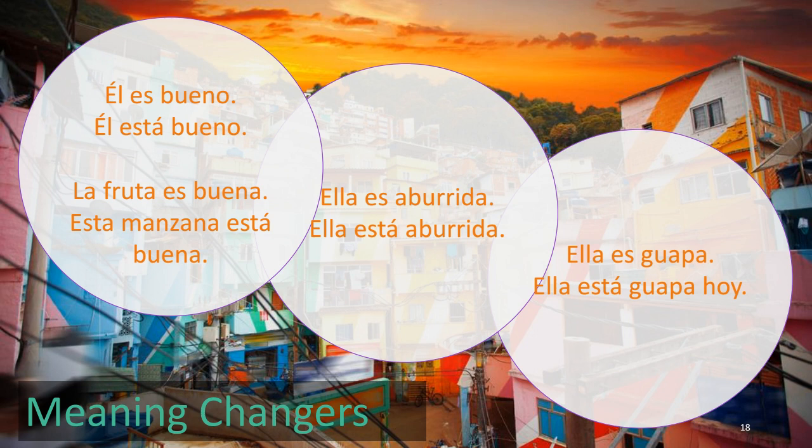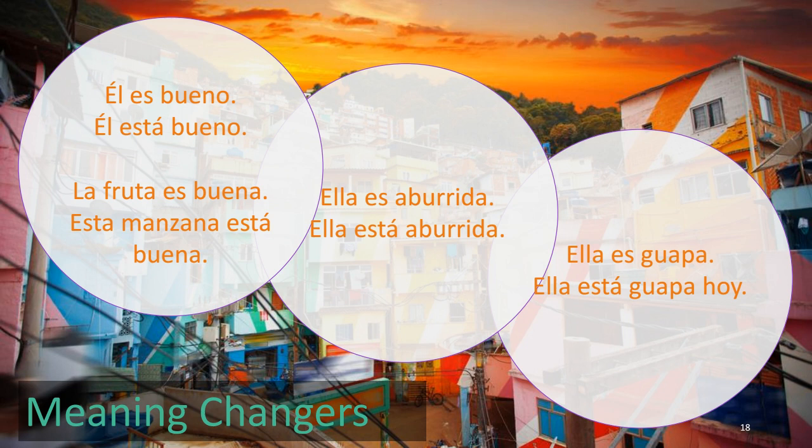La fruta es buena, you're saying that fruit is good in general. You're just making a statement. If you say esta manzana está buena, you're saying this apple tastes good. So specifically, this one tastes good. If you say ella es aburrida, you're saying she is a boring person. That could come across as offensive, right?